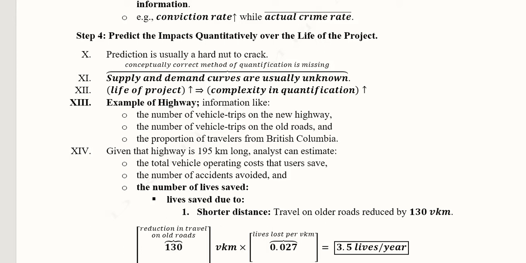Another issue is that the supply and the demand curves of such phenomena are not usually known. So choosing the conceptually correct method of quantification gets lost. For example, we are considering the life of a project. If it increases, if it is a lengthier project, the complexity in the quantification of impacts will also increase, because we will have to quantify the benefits and the costs over a longer span of time.